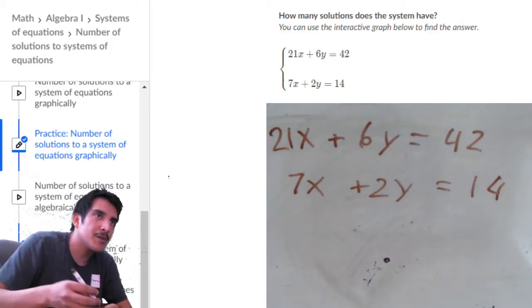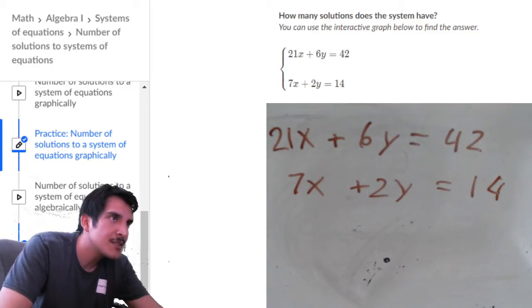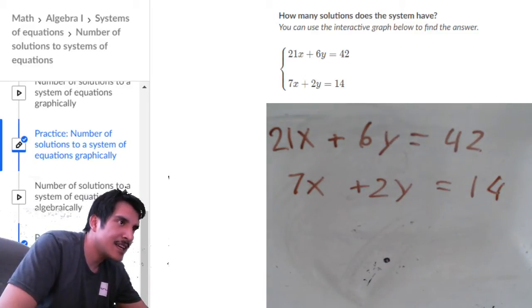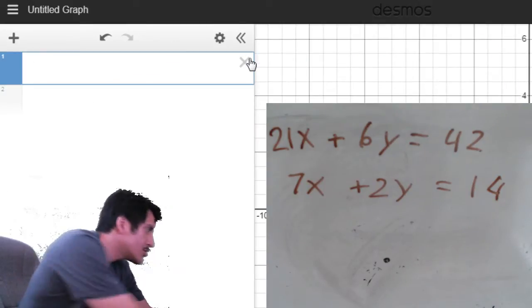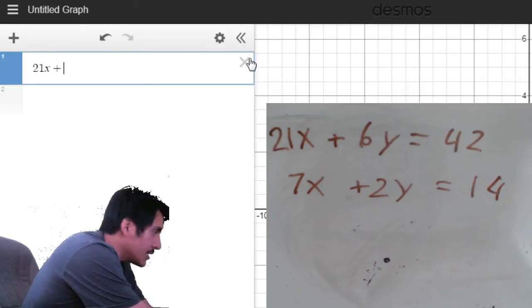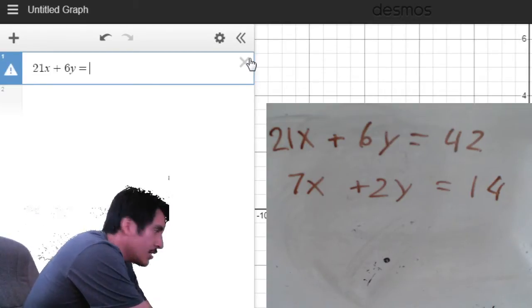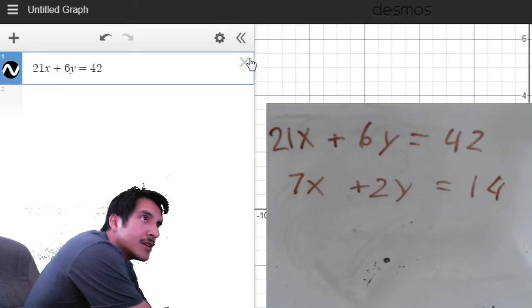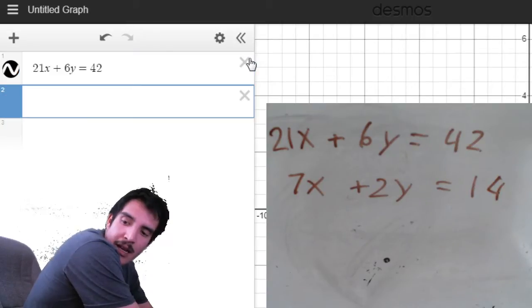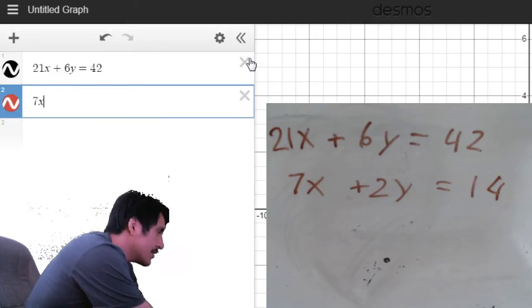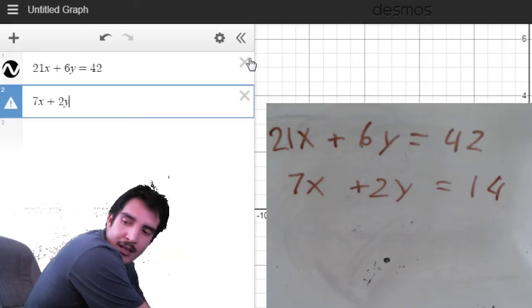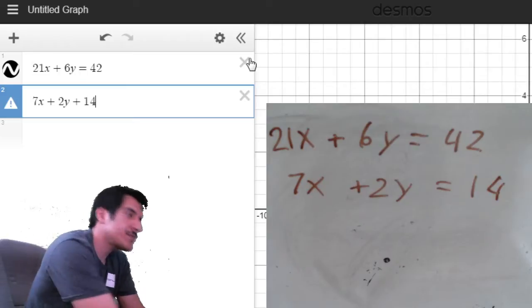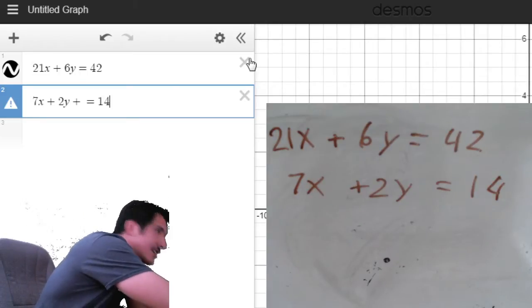Copy both of those down, and we're going to enter those exactly as they appear on Desmos.com. So let's do 21x plus 6y equals 42, and 7x plus 2y equals 14. Not plus 14, equals 14.